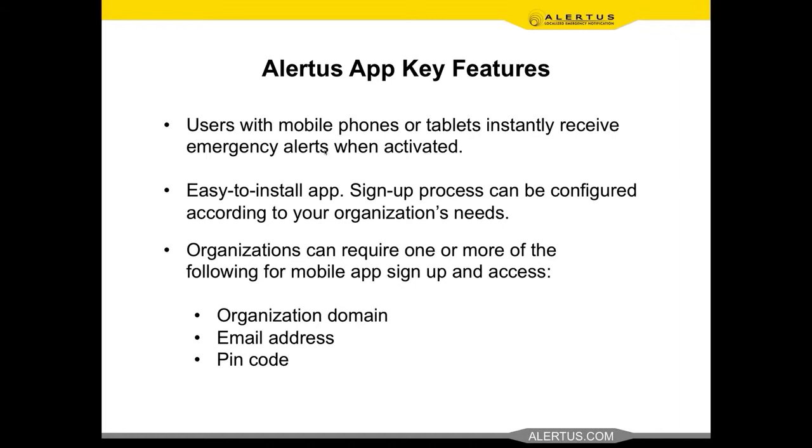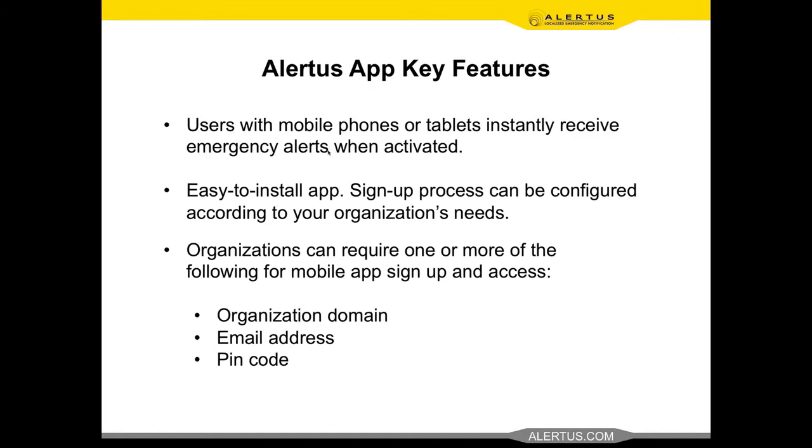So the setup piece, you can create the level of security you need. Anything from just knowing the domain to register to, allow security based upon their email address and confirmation, or you can even layer in a PIN code. This gives you all kinds of different options.